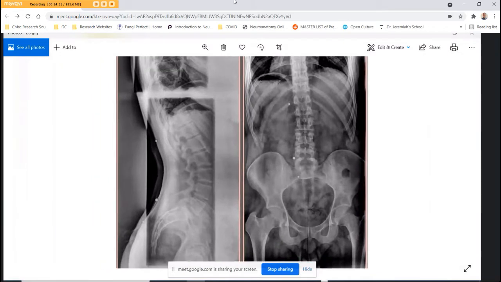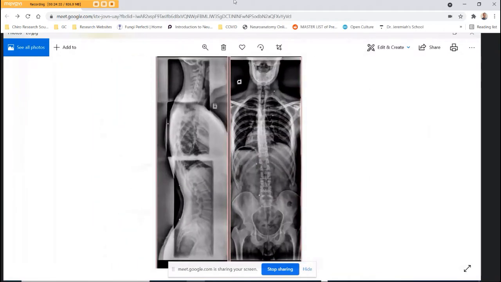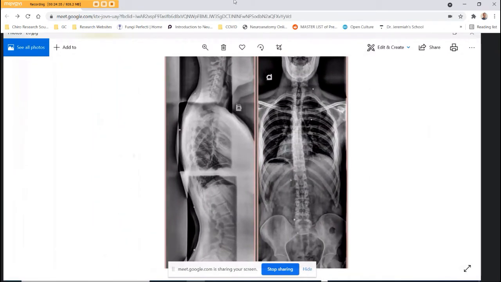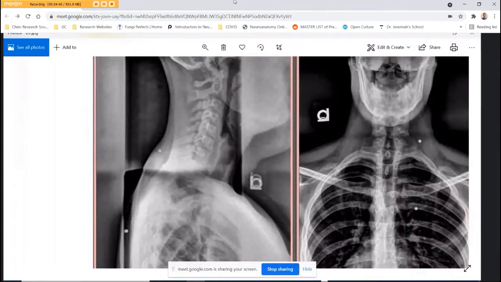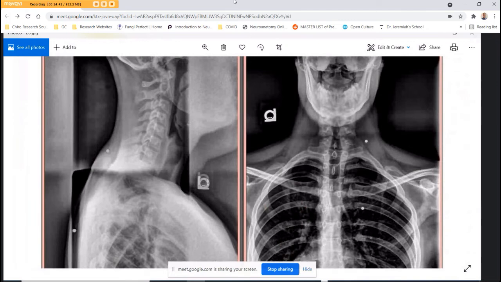So based on that lateral, how old do you think that patient is? 20s, 30s.